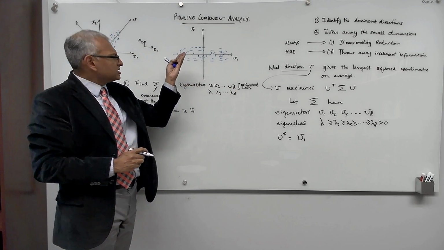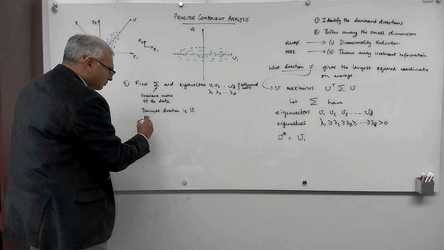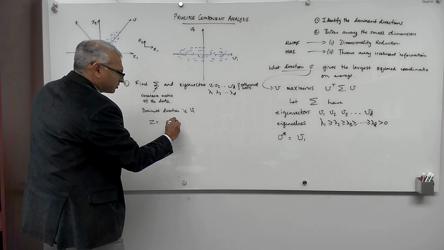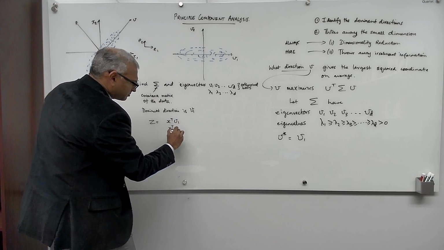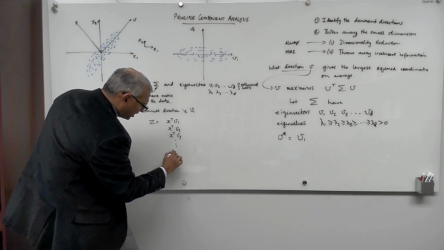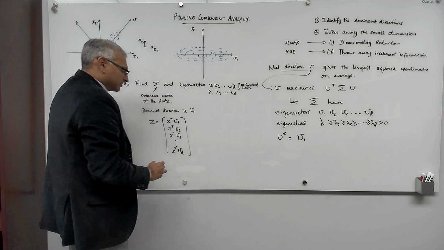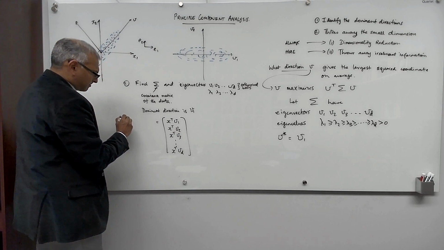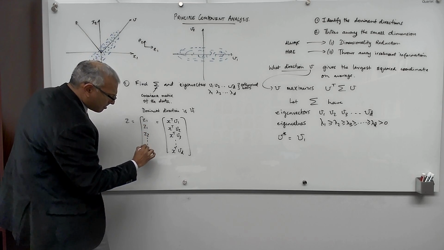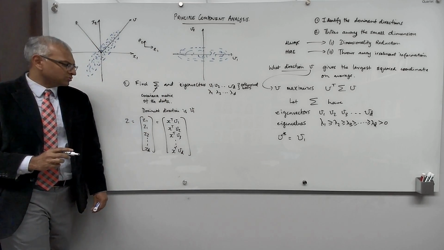In fact, you can take all of these vectors as your basis for your rotation and as defining a new coordinate system, and we can define z equals x transpose v1, x transpose v2, x transpose v3, up to x transpose v sub d, which is the coordinates of z in this basis v1 to v sub d.